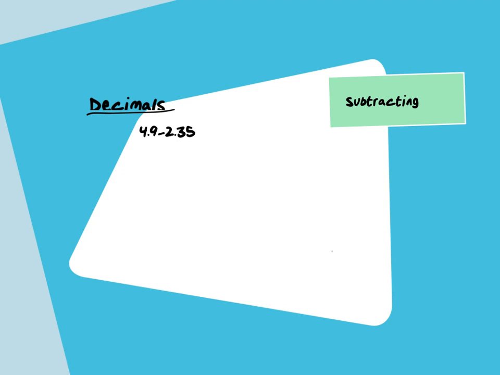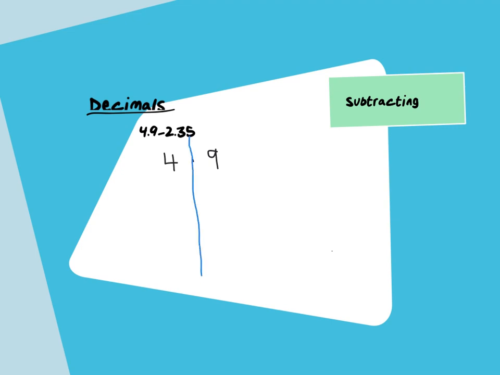Okay, subtracting is really similar to adding. You've got to make sure you align your decimal points and your place values in the correct position. So if you look at this example, 4.9 take away 2.35. So what we're going to do is you've got 4.9. We're going to put our line in for our decimals.